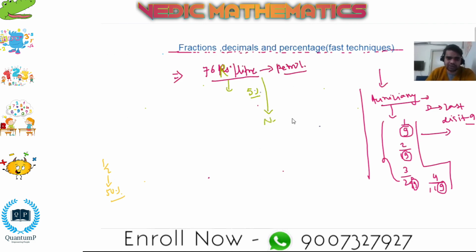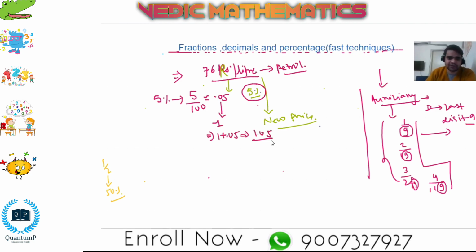By the technique I'm going to show you, so what you'll do? Let's see the new price. This 5%, I'll convert to decimal first. So 5 divided by 100 becomes 0.05. This 0.05 will be added to the 1, so 1 plus 0.05 means 1.05.